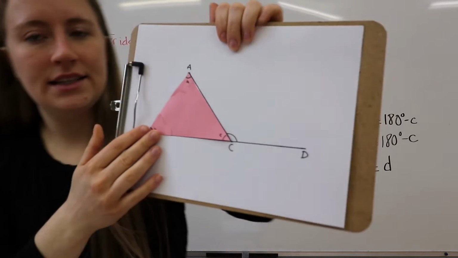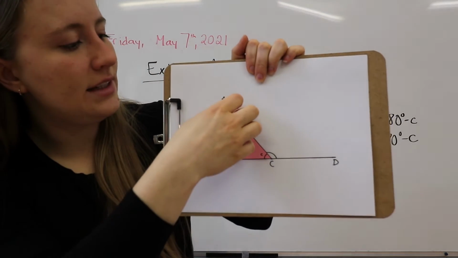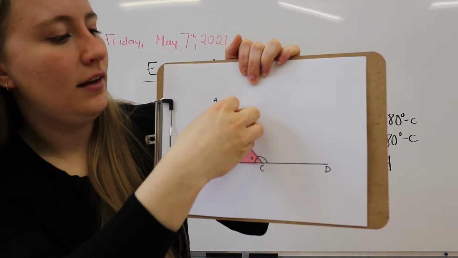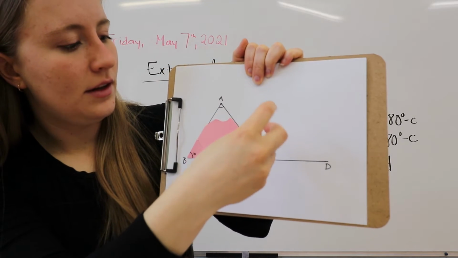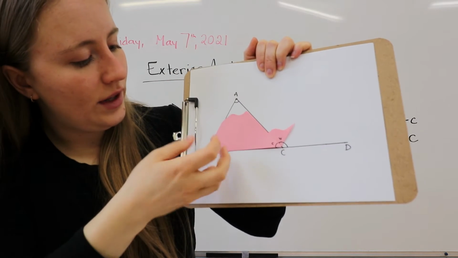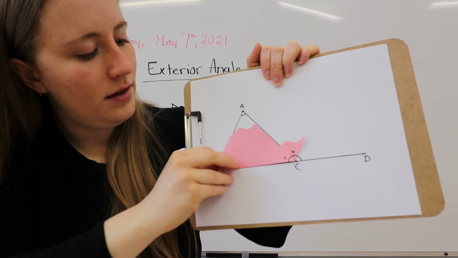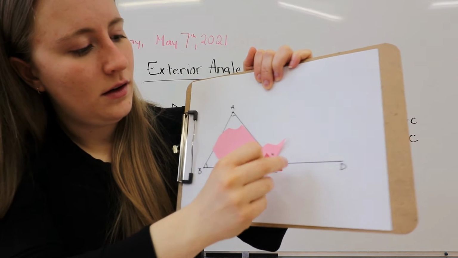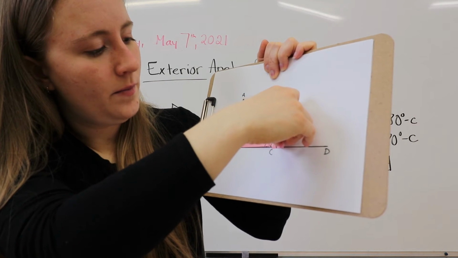So we can see that we can take the value of angle A and plunk it here. And we can take the value of angle B and plunk it here.